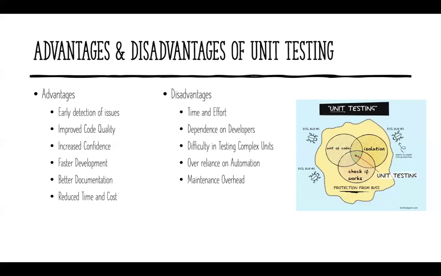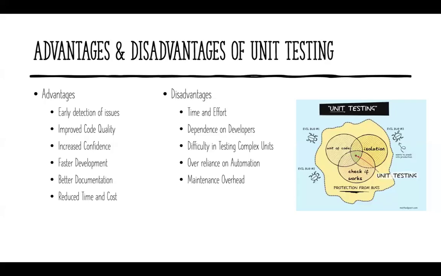Another issue with unit testing is an over-reliance on automation. Over-reliance on automated unit testing can lead to a false sense of security, and automated tests may not uncover all possible issues or bugs. So even though we're creating these units and testing them, it can lead to us believing that we have covered all possible issues with the system.